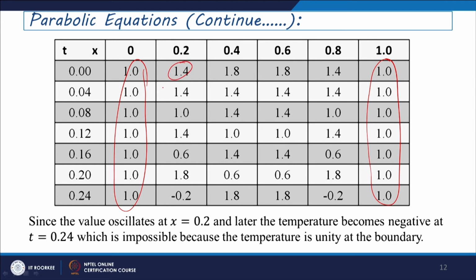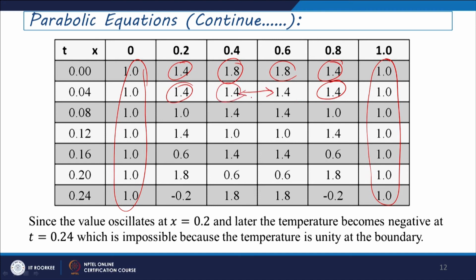Due to symmetry, the same value appears at the 0.8 level also, and whatever comes at the 0.4 level, the same value comes at the 0.6 level. If we proceed, the same value again appears at the 0.2 level and at the 0.8 level, and due to symmetry 0.4 has the same value as 0.6.